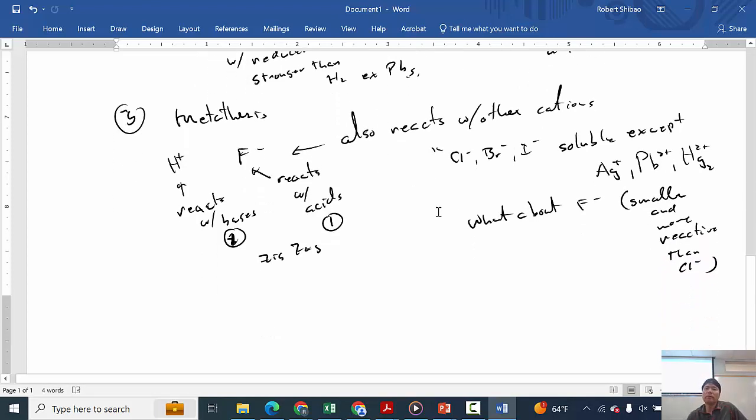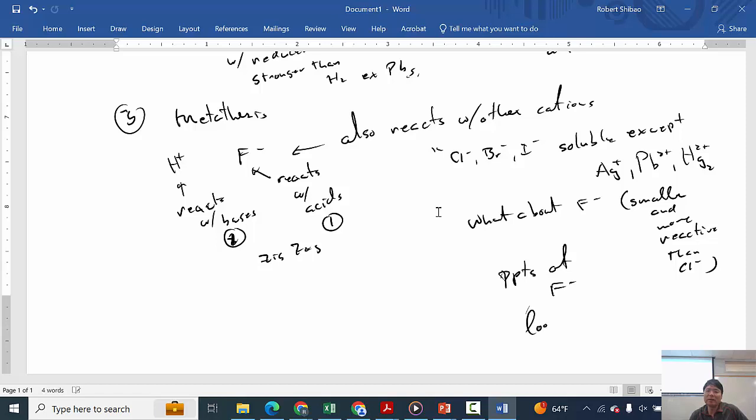And so when we're looking for precipitates, we'll just look it up in a reference book or Wikipedia.